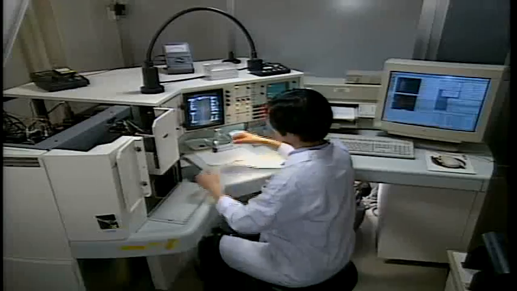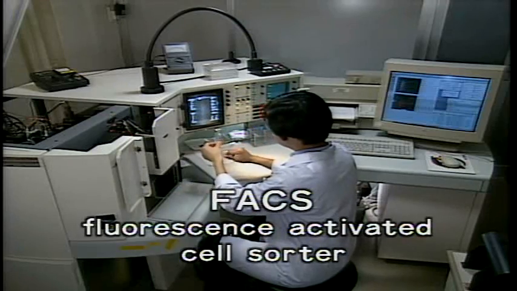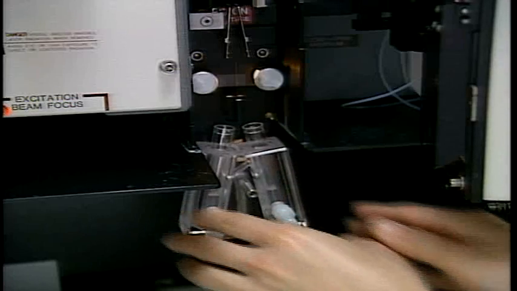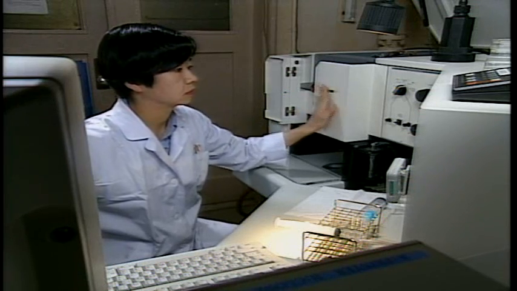In order to discern whether these are hemopoietic stem cells, we sorted them according to surface antigens, which indicate multipotential stem cells.